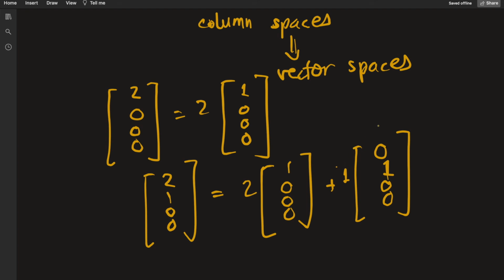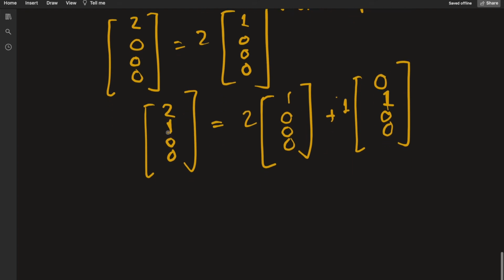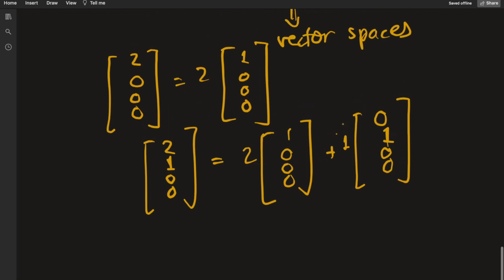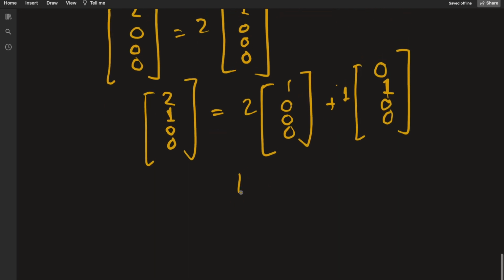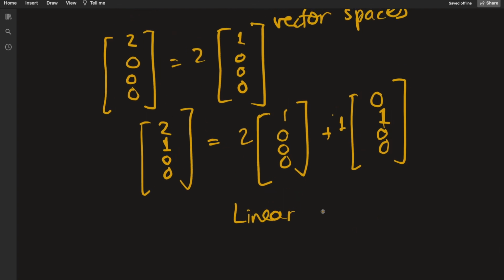And this idea of expressing any vector like this as a linear combination of two more fundamental vectors means that these two vectors are linearly dependent on the others in the system.